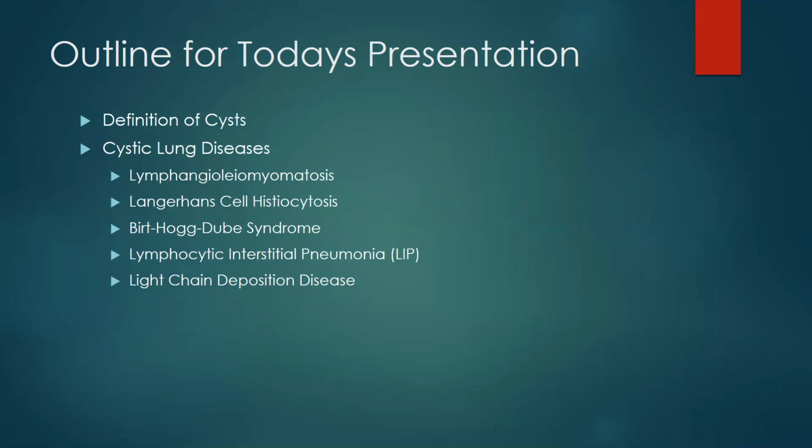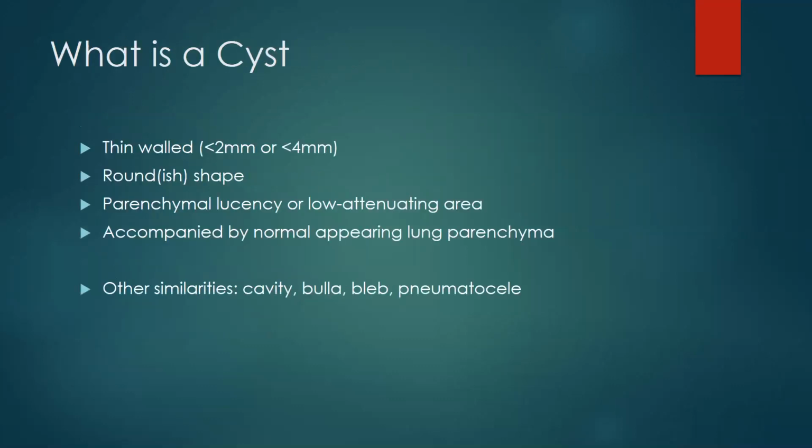chain deposition disease. So just starting with what is a cyst in terms of definition. With the Fleischner Society definition, it's a round, low attenuation or density area on a CT scan in the lungs with a well-defined interface with the parenchyma, usually thin-walled with less than 2 millimeters, some definitions say less than 4 millimeters, again usually roundish in shape.